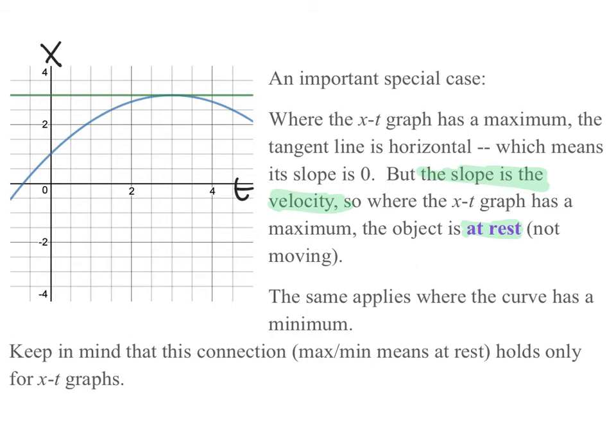If we take a curve, and I'll just pick a random one, here's our curve, and the tangent line at the minimum would also be horizontal, and therefore an object going through a minimum is also momentarily at rest. Keep in mind, and this will be very important, these relationships that maxes and mins mean at rest only work if the graph is a position graph, an xt graph or a yt graph. It doesn't work if it's a different type of graph. So don't let that get settled too much into your head.